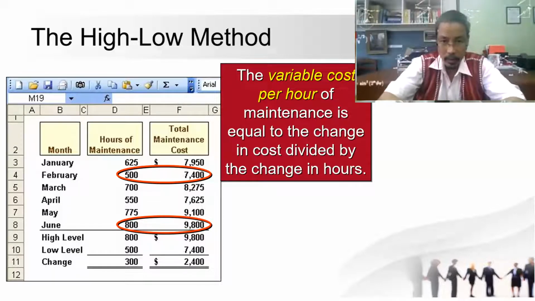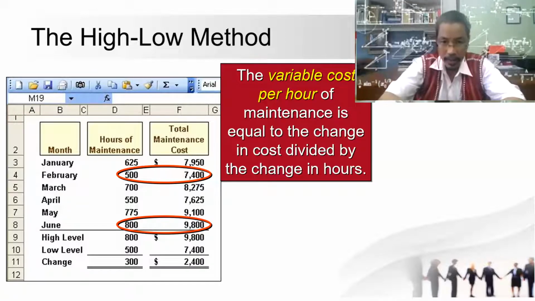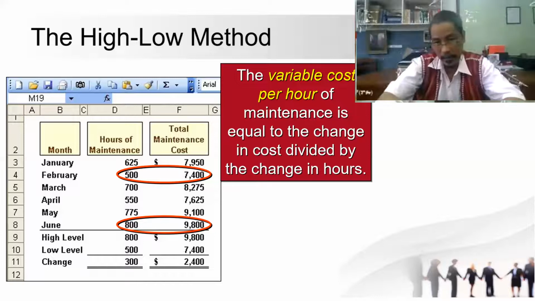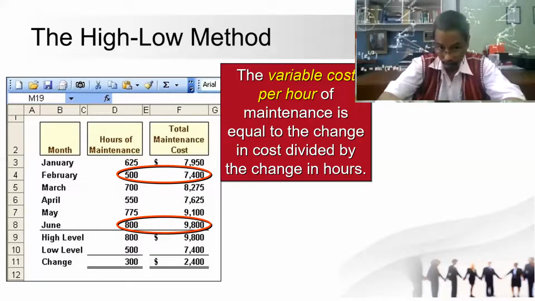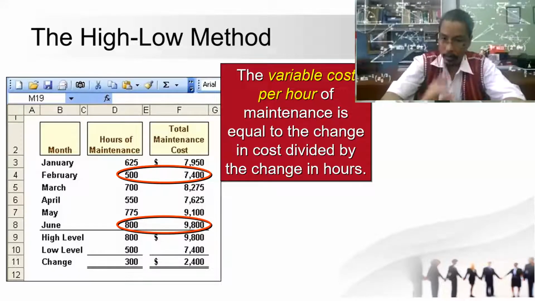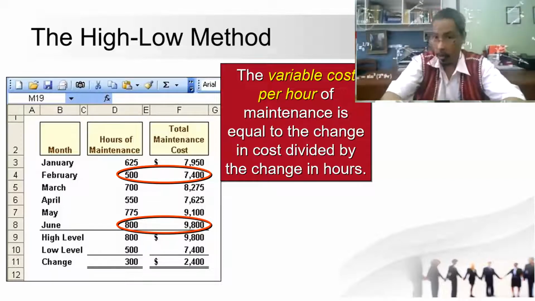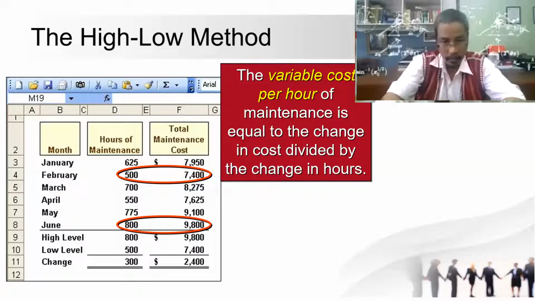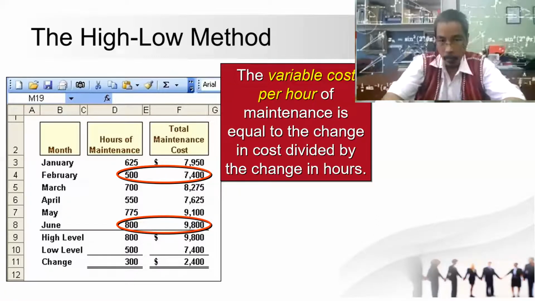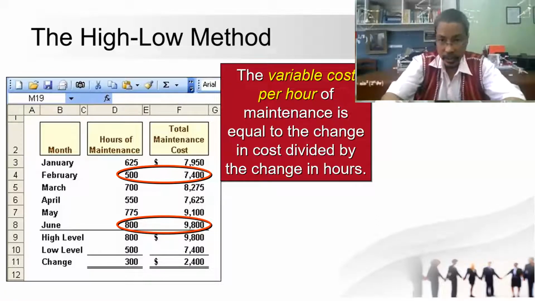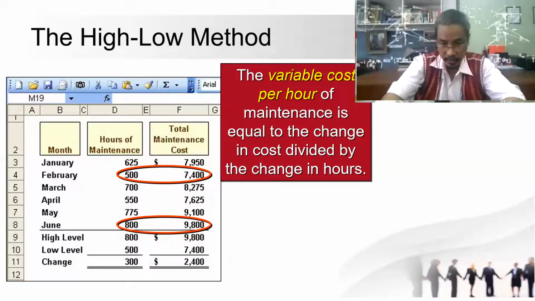The variable cost per hour of maintenance is equal to the change in cost divided by the change in hours. The change in cost is the highest cost minus the low cost, divided by the high number of hours minus the low number of hours.